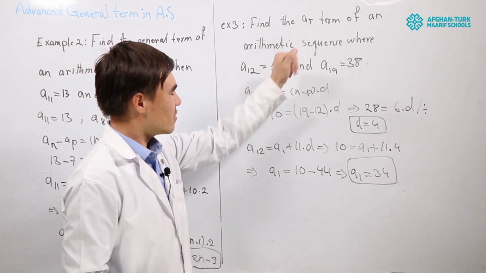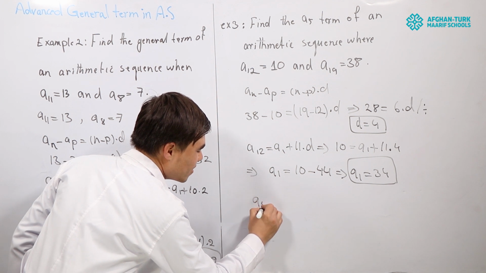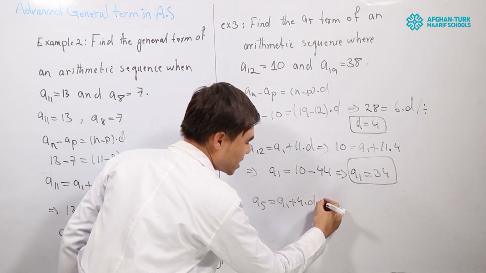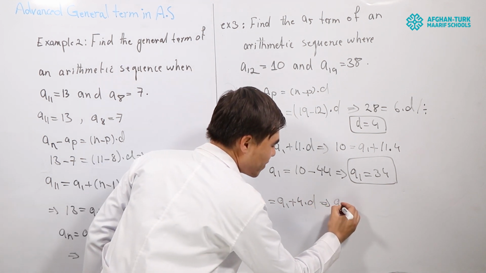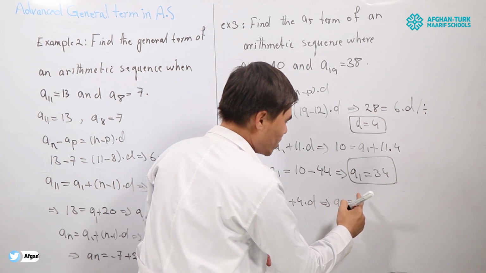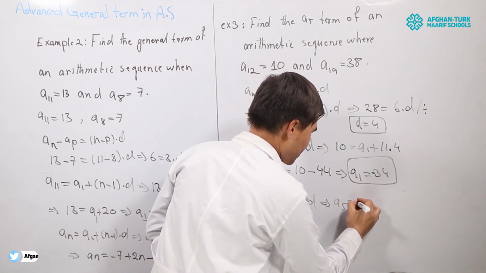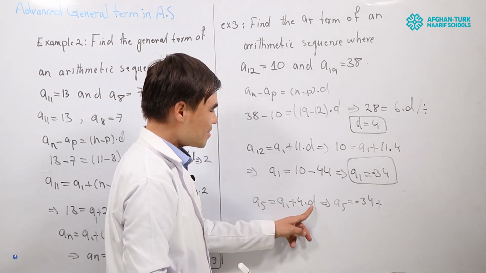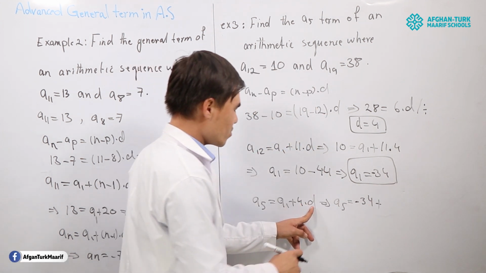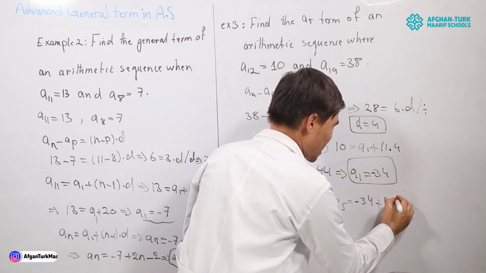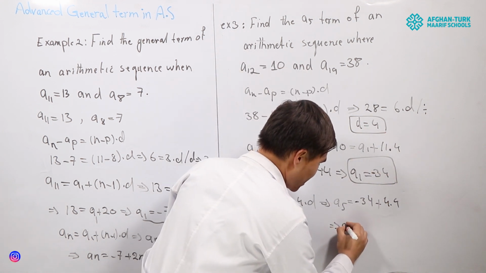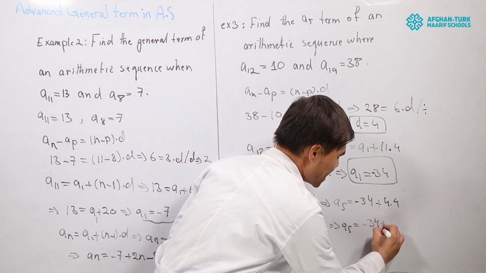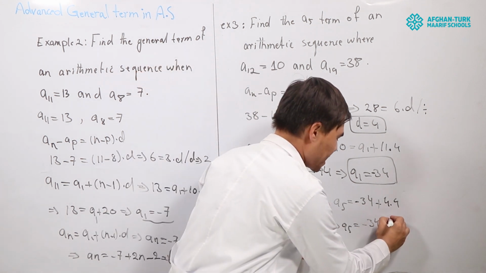And now we are going to find the fifth term. We can find a_5 is equal to a_1 plus 4 times d, according to the formula which we had. a_1 is equal to negative 34 plus 4 times d. We have found that d is equal to 4. 4 times 4. Here, a_5 is equal to negative 34 plus 4 times 4, which is 16.